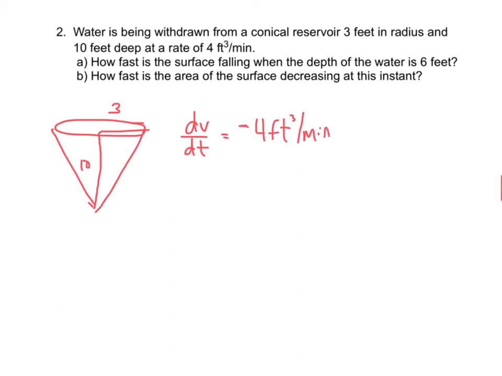Okay. How fast is the surface falling when the depth of the water is 6 feet? So they want to know how fast the surface is falling. Sounds like they're talking about the height falling. How fast is the height falling when h is 6?